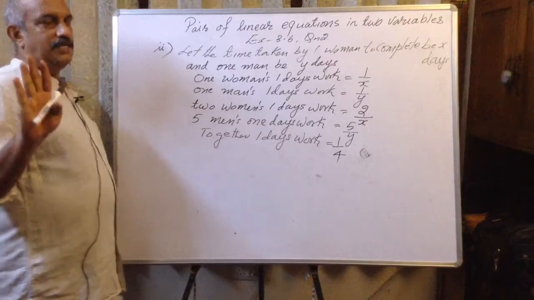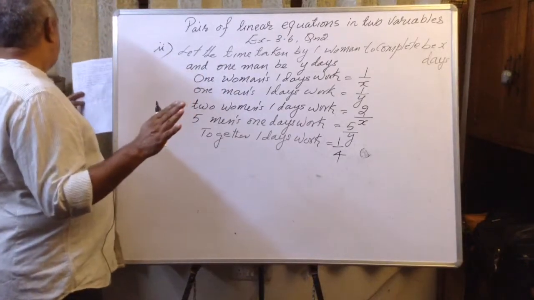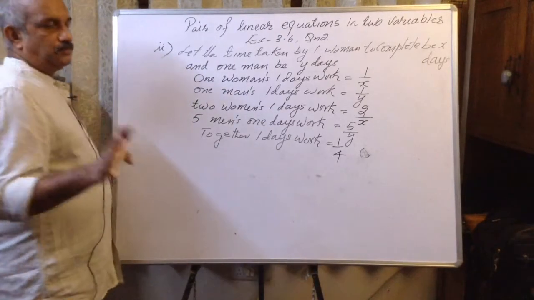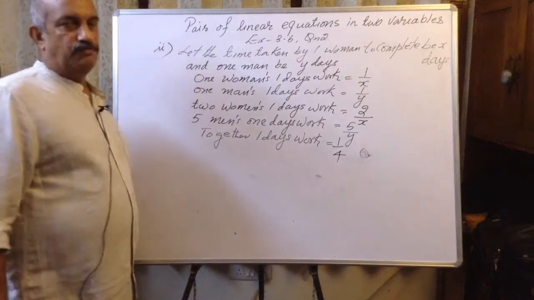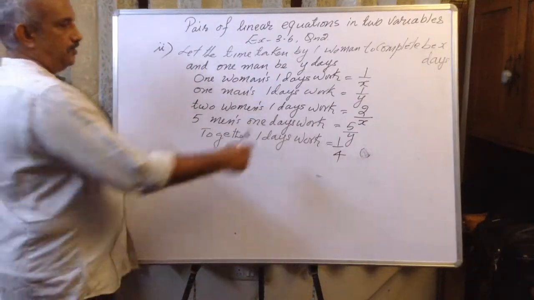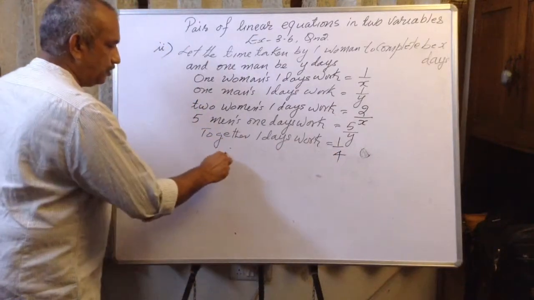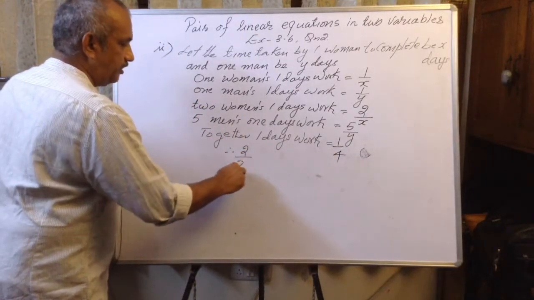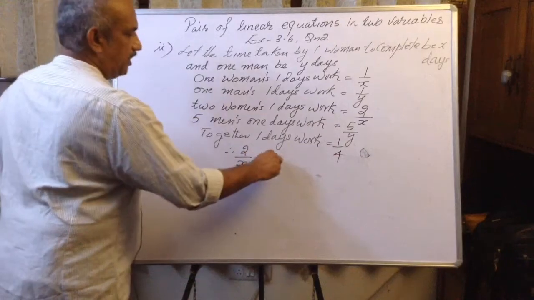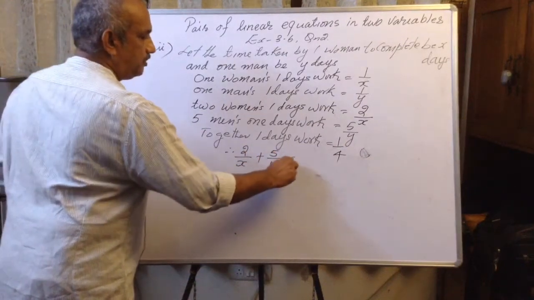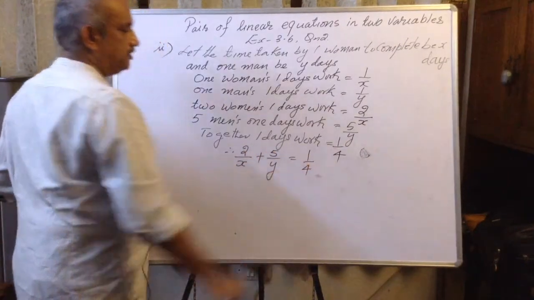So if we add these two, that is equal to 1 upon 4. So 2 upon x plus 5 upon y is equal to 1 upon 4. This is the first equation.